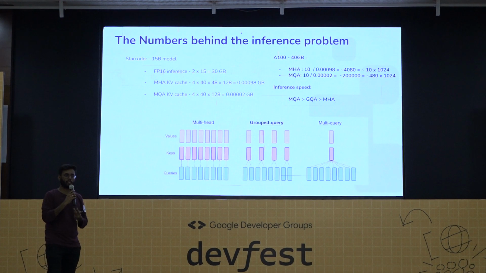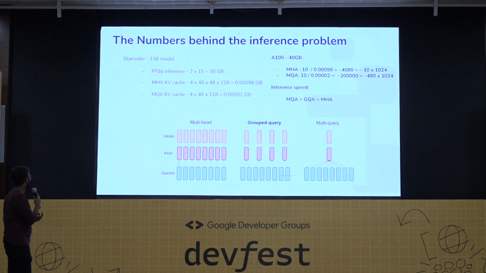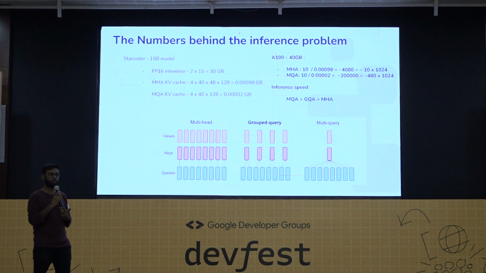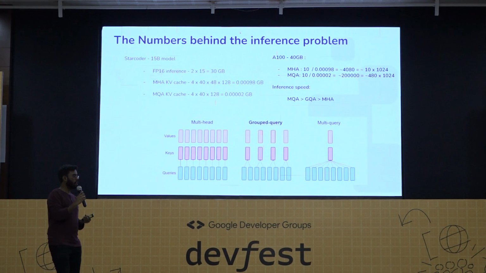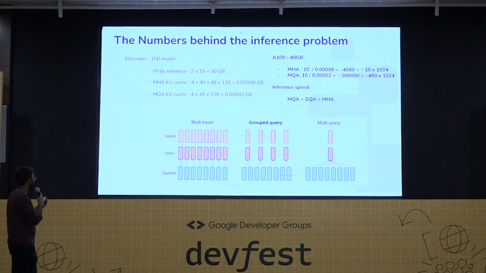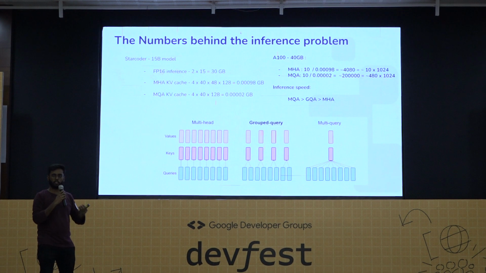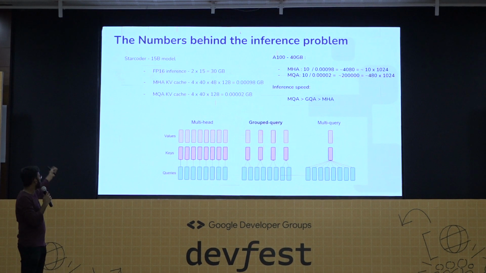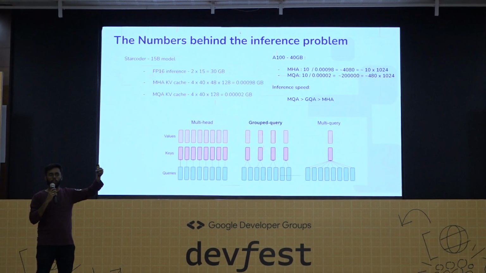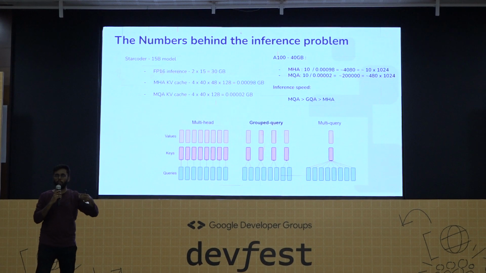Let's see an example here. Take StarCoder, which is a 15 billion model. If you want to run inference, since it's FP16 based, the memory you would require is 2 into 15, so 30 GB of VRAM in your GPU to be loaded.